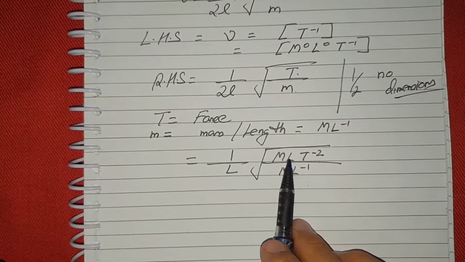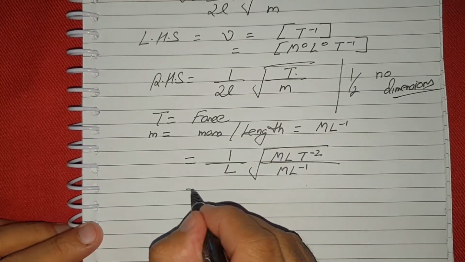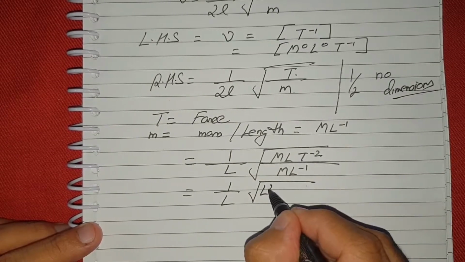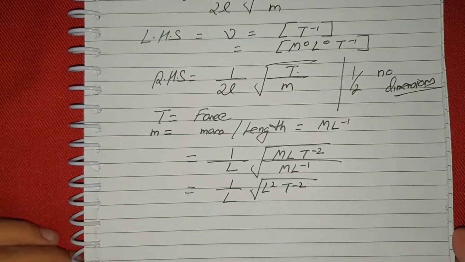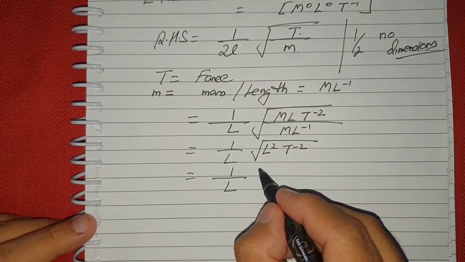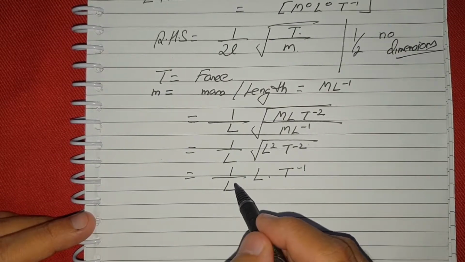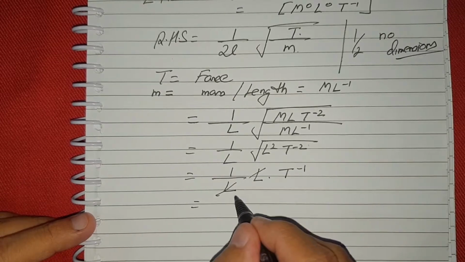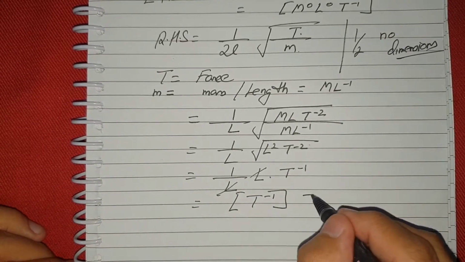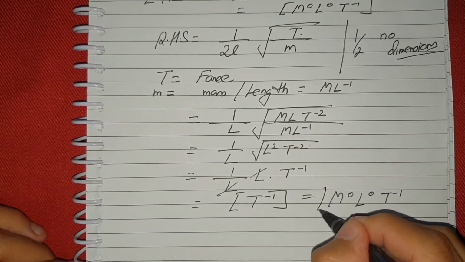The L minus 1 will go reciprocal, so this will be L square T minus 2. So this is 1 by L under root of L square T minus 2, which equals 1 by L into L T minus 1. L and L will get cancelled. What is left? T minus 1. Writing its full dimension, M0 L0 T minus 1.